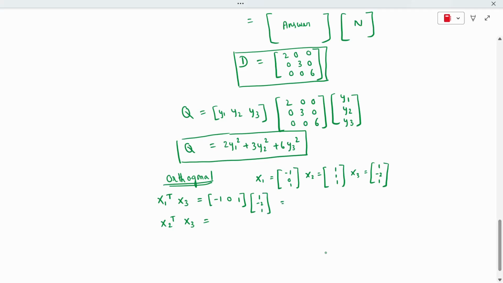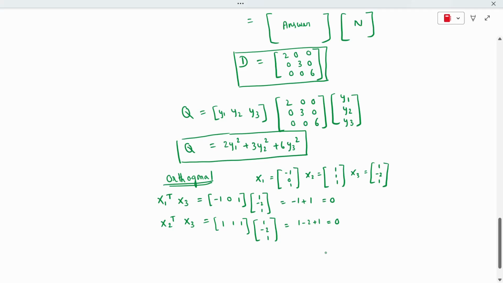Now multiply: minus 1, 0, 1, so it becomes 0. Same way, x2 transpose, 1, 1, 1, you multiply with x3, 1, minus 2, 1. When I multiply, I get 1 minus 2 plus 1, so it is 0.